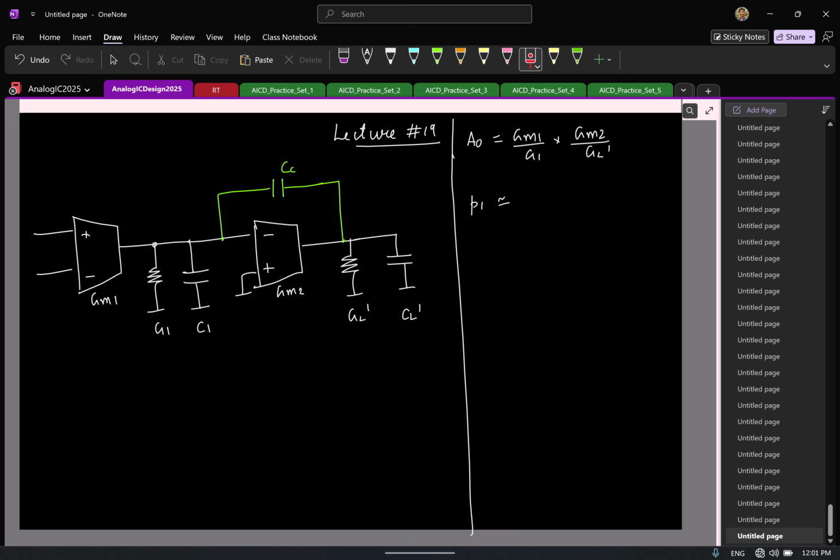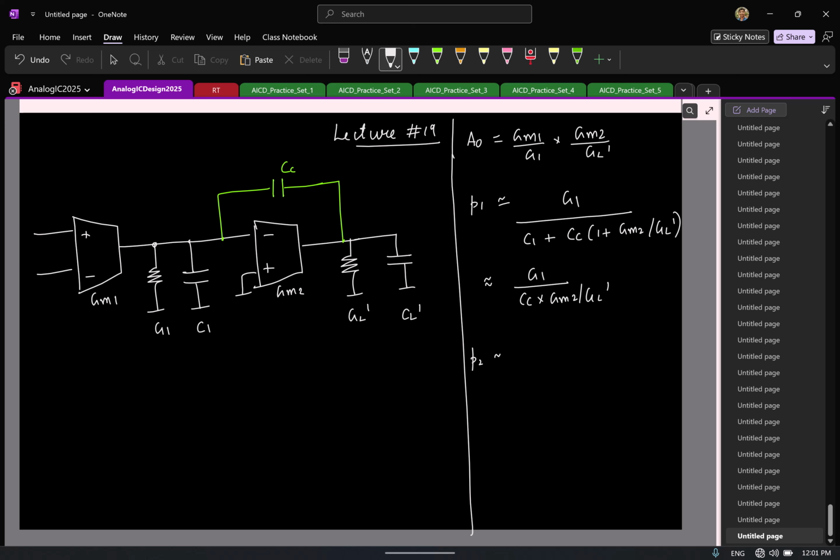So help me write the total capacitance here. I have C1 plus this capacitor. What is the contribution of that capacitor? 1 plus the low frequency gain of the second stage, which is GM2 by GL prime. And the conductance there is just G1. As we saw, for all practical purposes, we can approximate this as G1 by Cc times GM2 by GL prime.